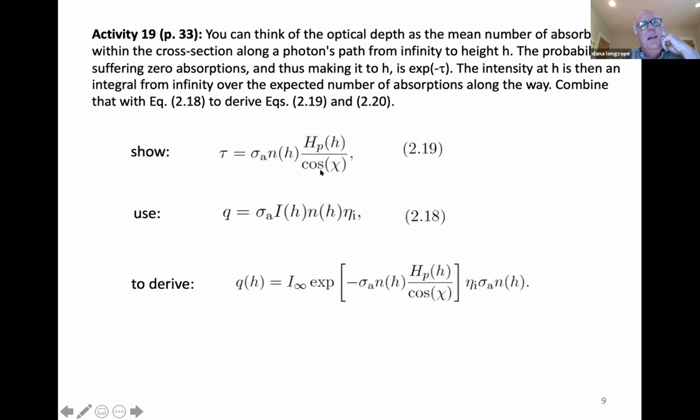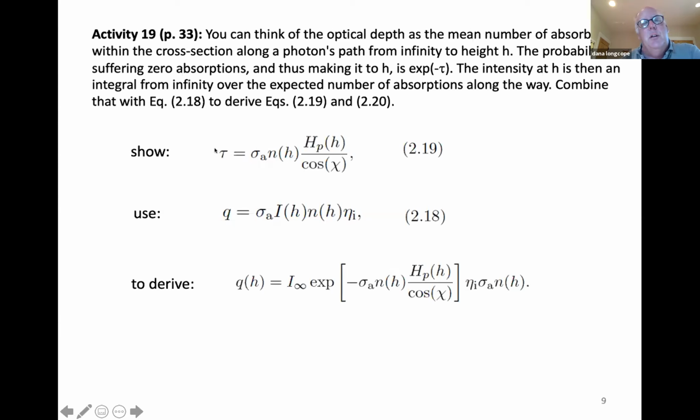And it's basically to show that the optical depth, which is related to the number of collisions on average you would have on the way down to a height h, where sigma sub a is your cross section for collisions, n is the number of things you can collide with, H is the pressure scale height, and chi here is the angle from the vertical that you're descending at.